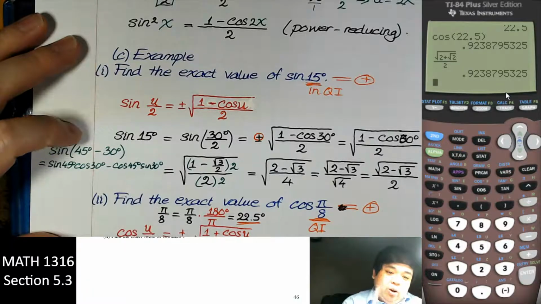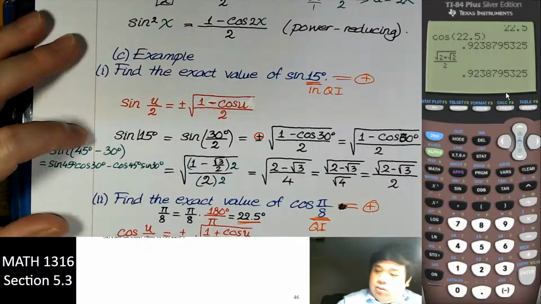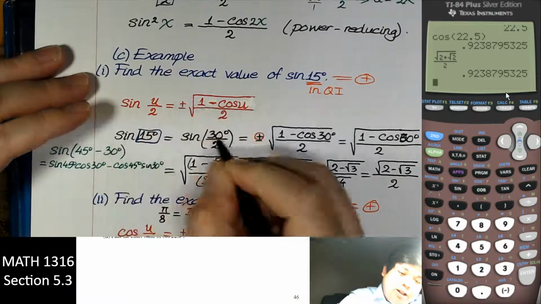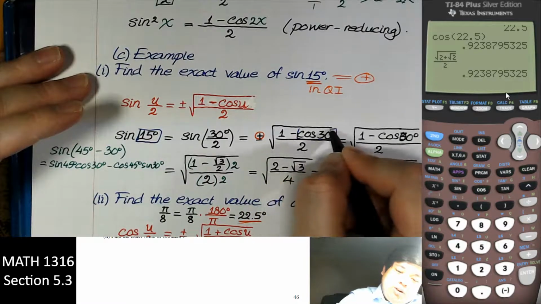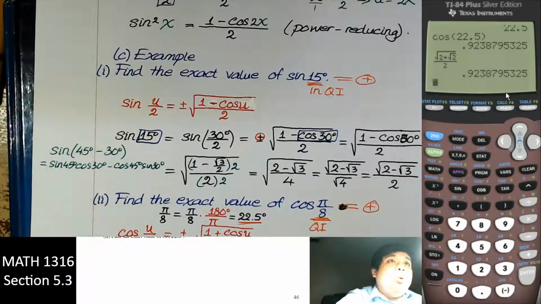So in the half angle formula, when we have a half, it's going to be plus or minus square root. This is the full angle, so we're going to put 30 here and not 2 there.